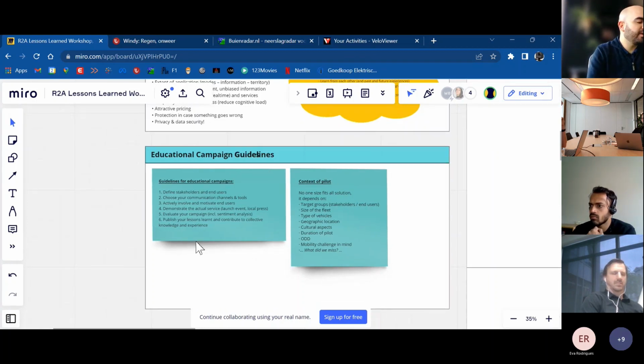Short comment. I think maybe also thinking about the connection between the MaaS stock-taking report and the conclusions from the project and for different pilots.